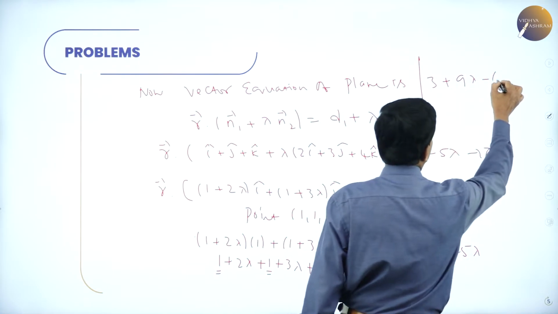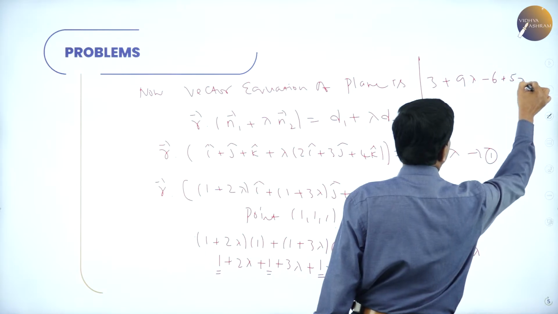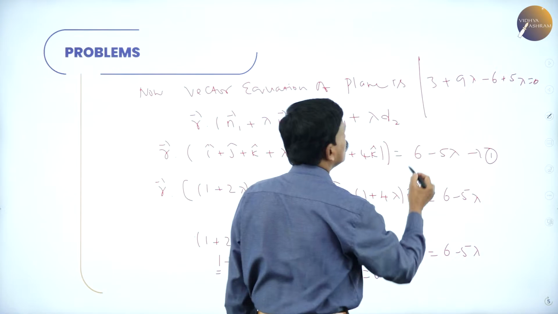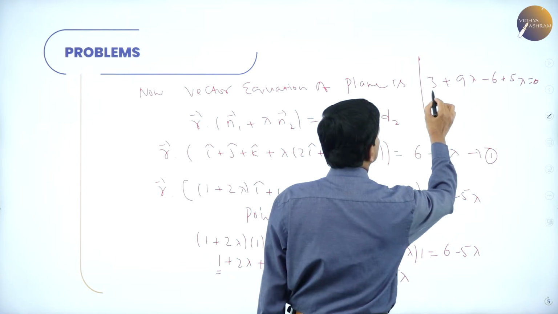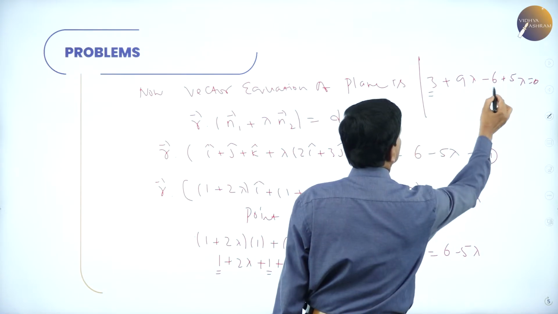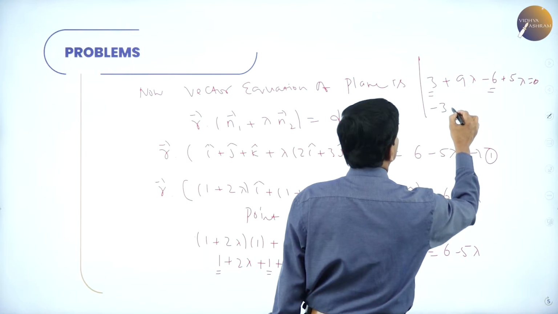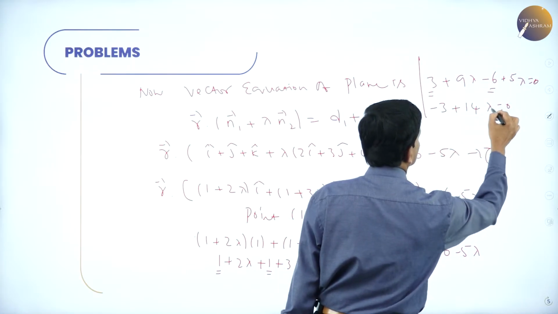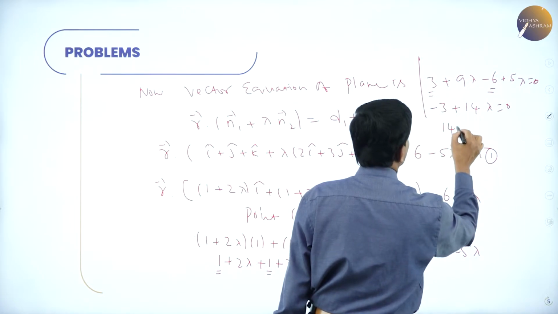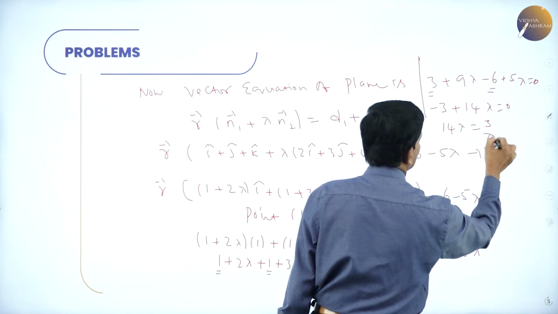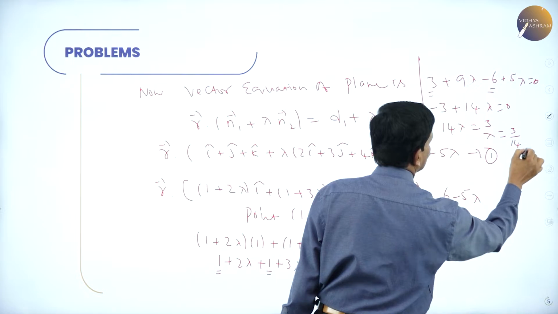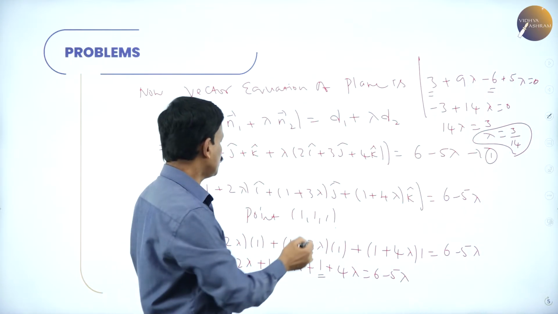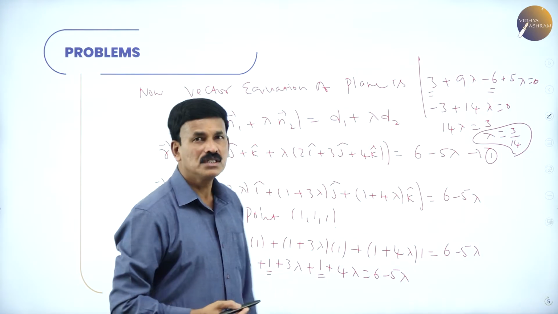This becomes 3 minus 6 plus 9 lambda plus 5 lambda is equal to 0. 3 minus 6 is minus 3, plus 14 lambda is equal to 0. 14 lambda is equal to 3. So lambda is equal to 3 by 14. Substitute this value of lambda in this equation, we will get the required answer.